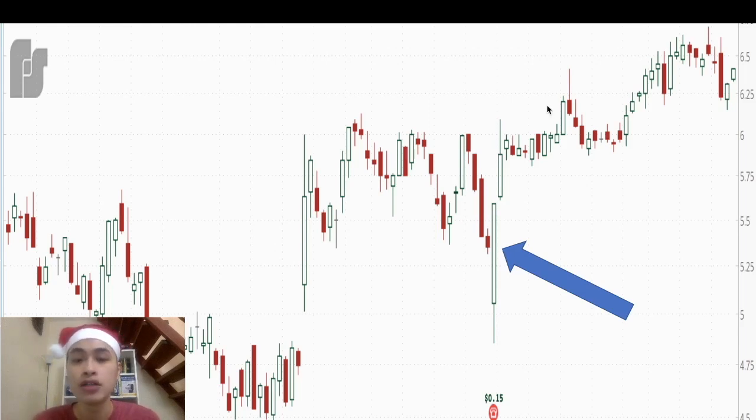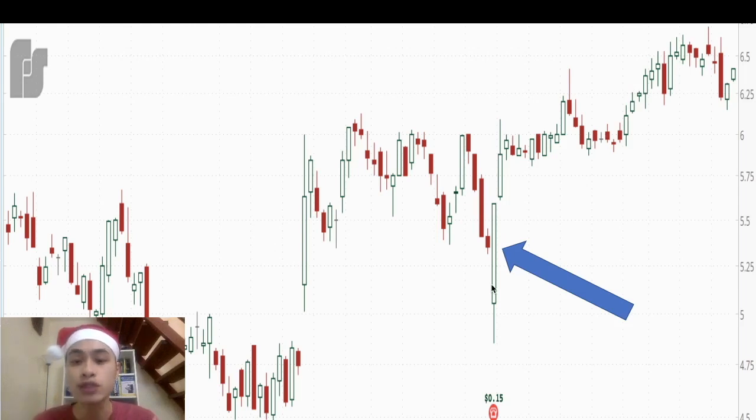reversal is happening. So as you can see, before the bullish engulfing pattern appeared, can you see that prices were bearish for the 3 previous trading days? So prices were falling 3 days in a row. And once the bullish engulfing pattern appeared, what happened to prices? Prices start to make its rise and continue to advance, correct?